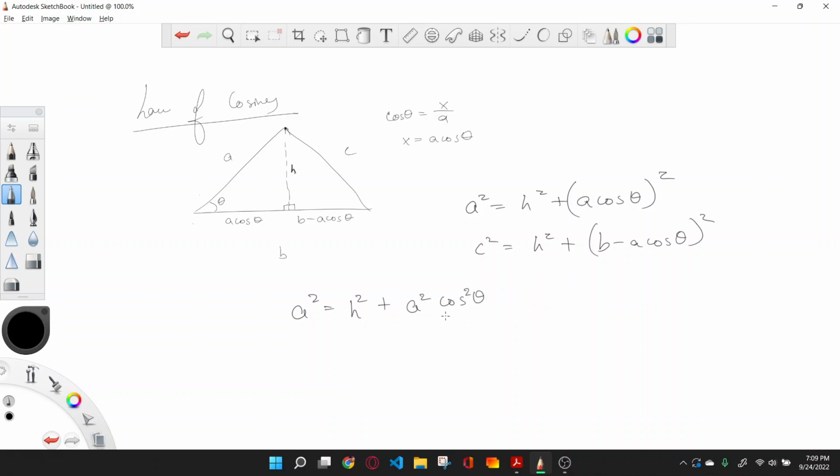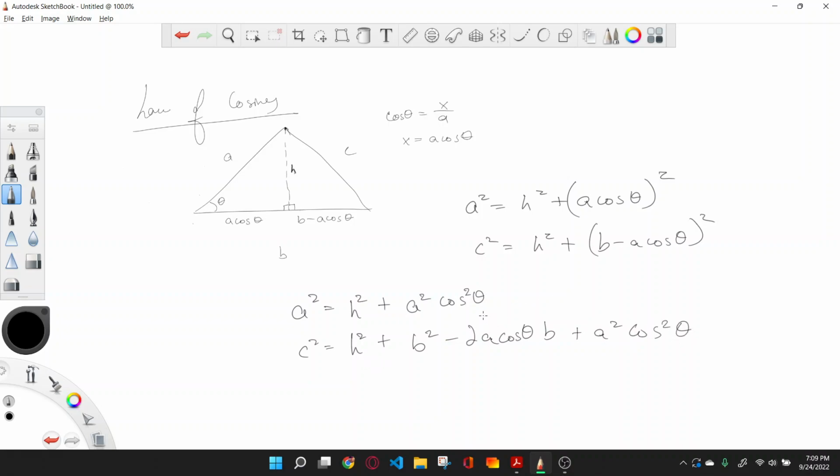And this just means cosine of theta squared, the quantity squared. The second equation is H squared plus, so you distribute or multiply this by itself, so we get B squared minus 2A cosine theta B plus A squared cosine squared theta.